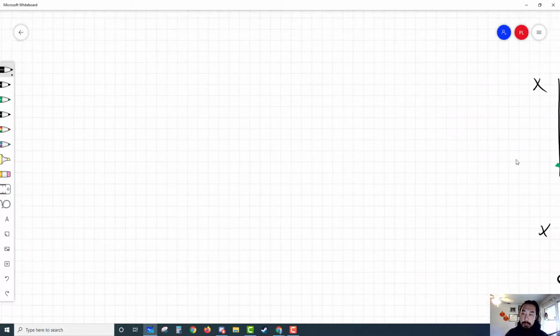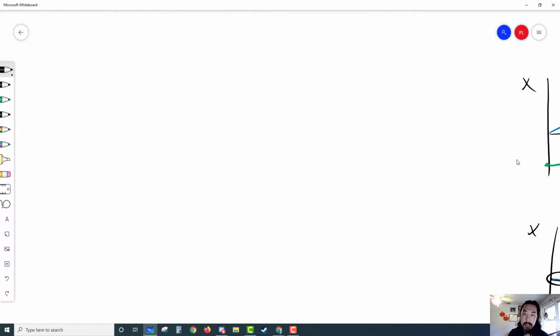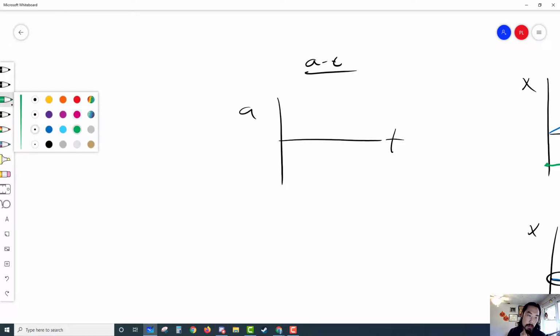Okay, last one. We're going to take a look at the acceleration versus time graph. For these kinds of graphs, they will almost 100% be flat lines.